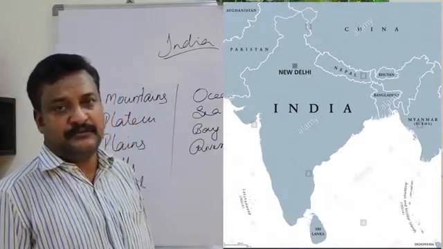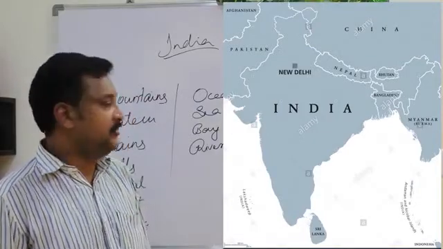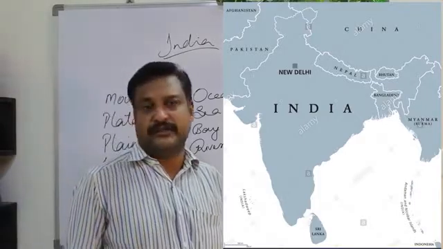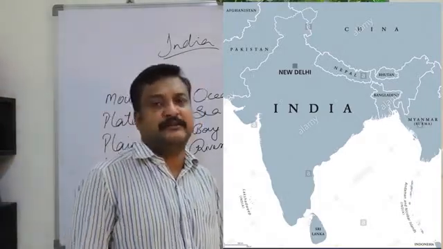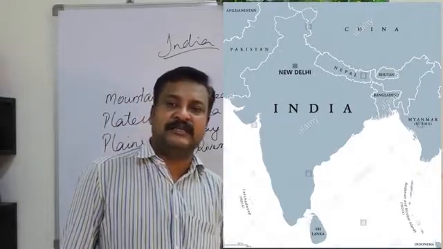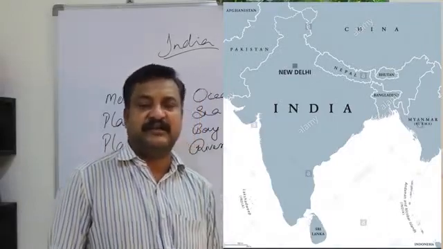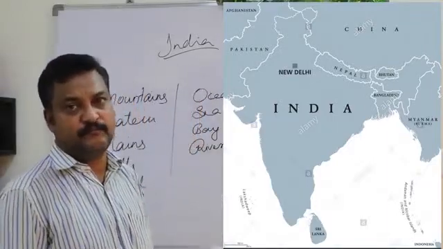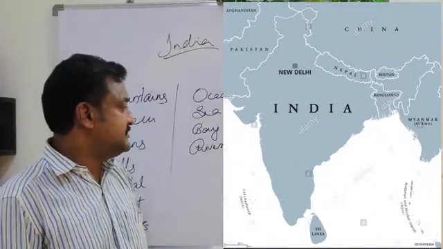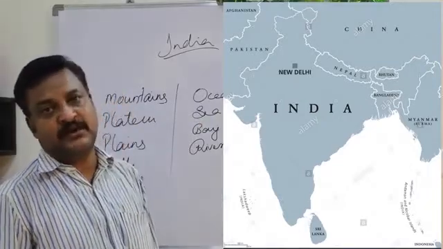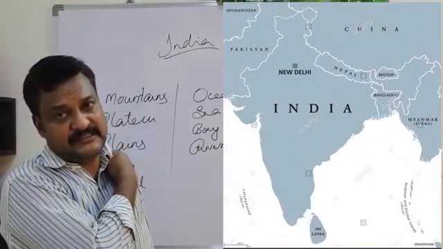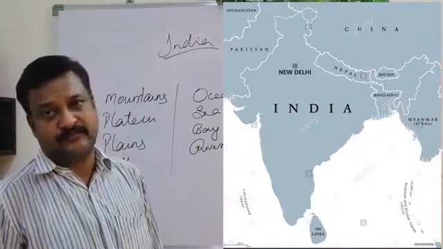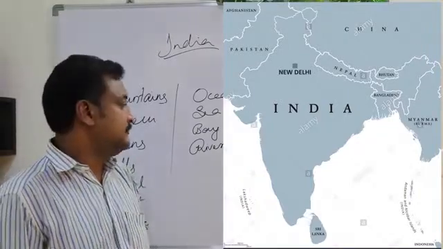Look at the southern part of India, we have the Indian Ocean there. On the west again, just like we have Bay of Bengal on the eastern side, on the western side we have the Arabian Sea. And above Arabian Sea on the land we have Pakistan.